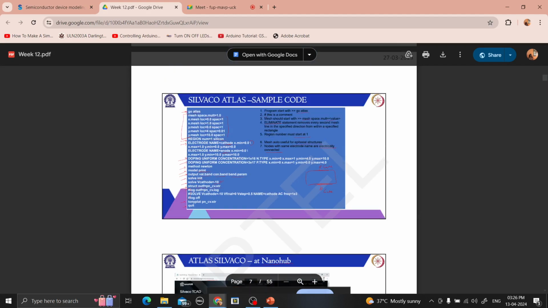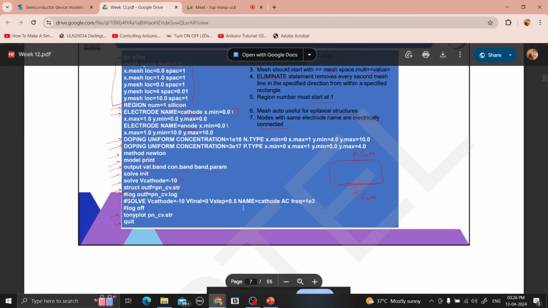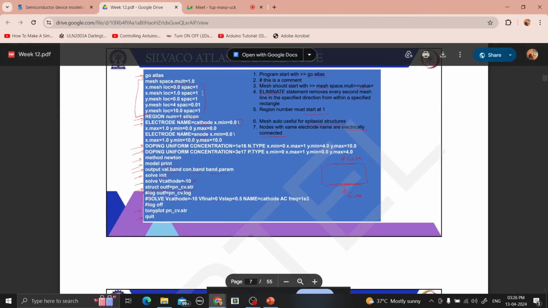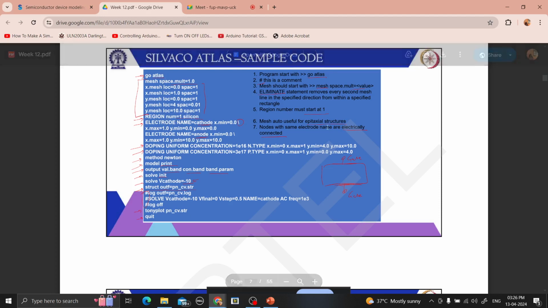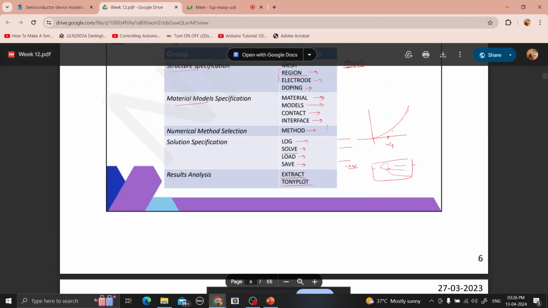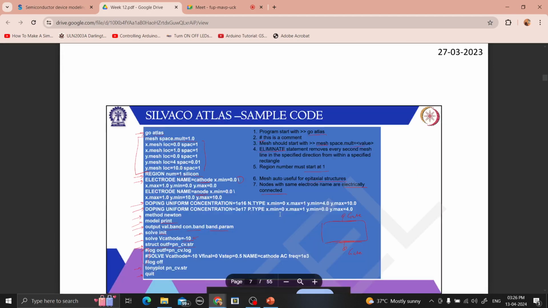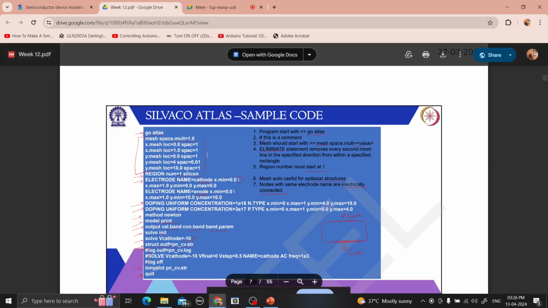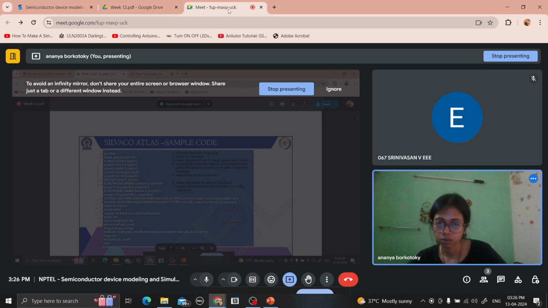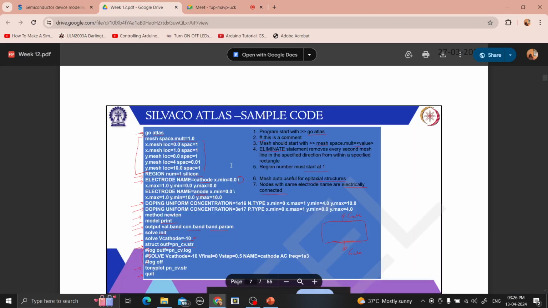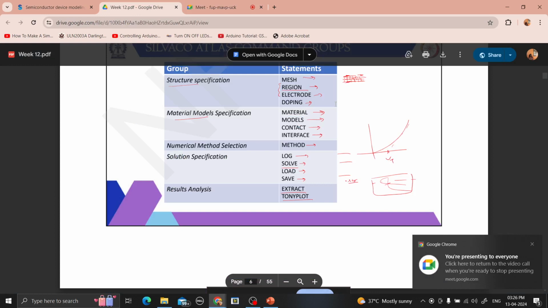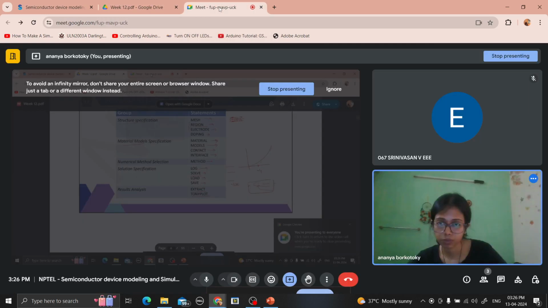In this example, all these commands like mesh, region or electrode are the commands for the structure. That is why it is classified like that. And then after that come the models, the other methods and result analysis commands. So you should remember at least these different command groups and all these statements.